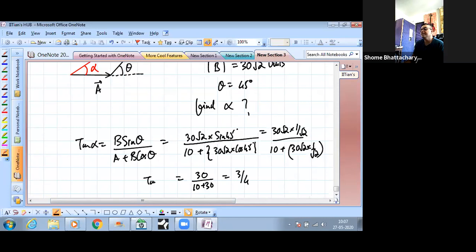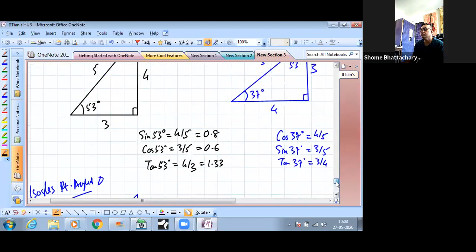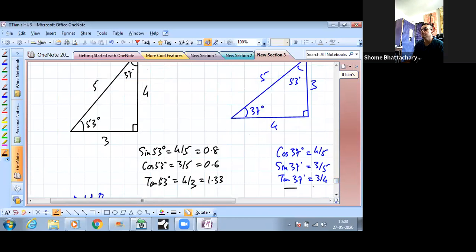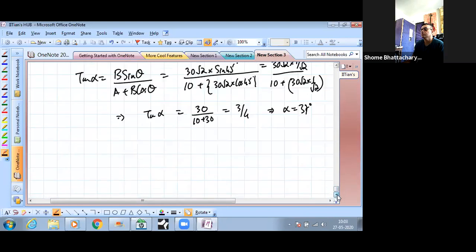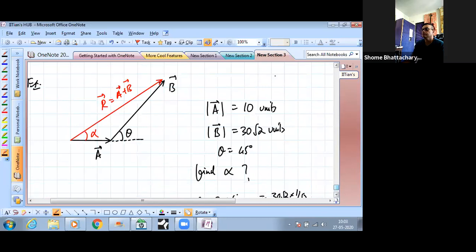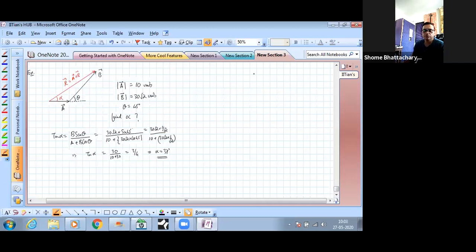Okay. So if tan alpha is 3 by 4, then going back to the other triangle, the 37, 53, 90 triangle, you'll see that alpha is 37. Because see, tan 37 is 3 by 4. So we're making use of this table of values below. That's how alpha is 37. Okay, so just make a quick note of this in case you haven't worked this out.